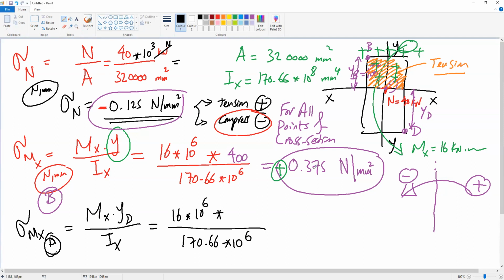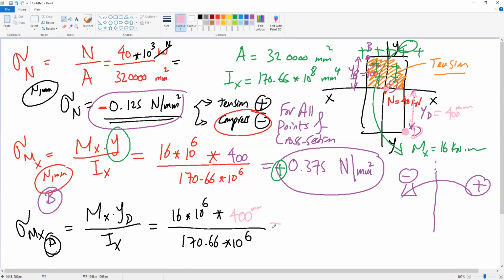How much is yD here? YD is the distance again from D to the centroid. So this is the distance. How much is the distance? 400 millimeter. So again, yD equals 700 millimeter.